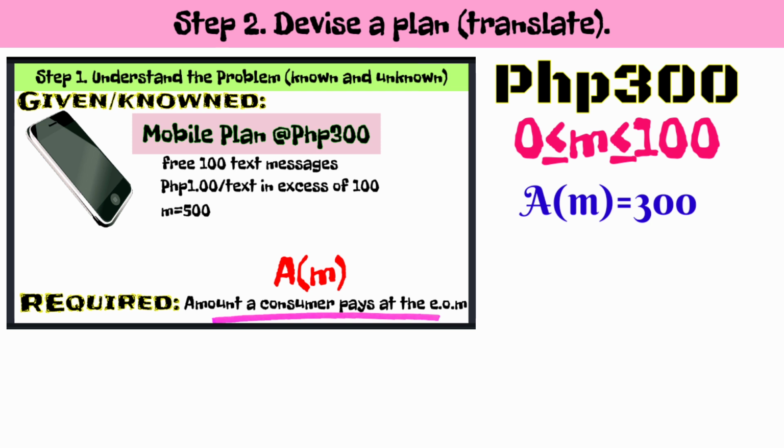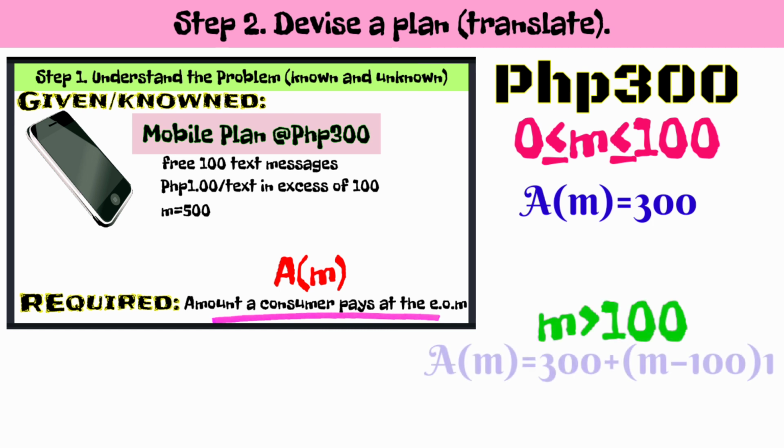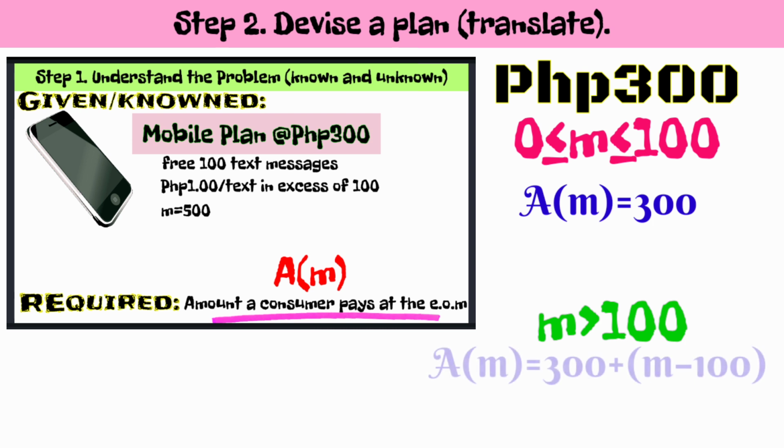In the case that there is an excess, meaning the number of text messages sent is greater than 100, our equation is A of M is equal to 300 plus the excess, so M minus 100 times 1 peso per excess, so times 1. 1 times M minus 100 is just M minus 100.